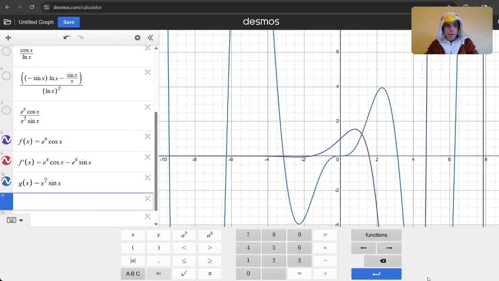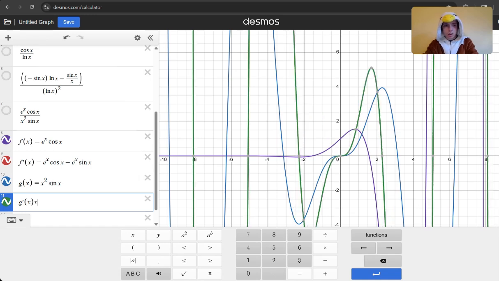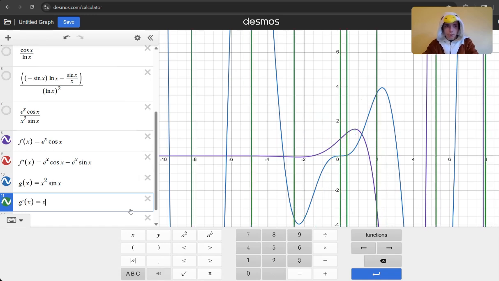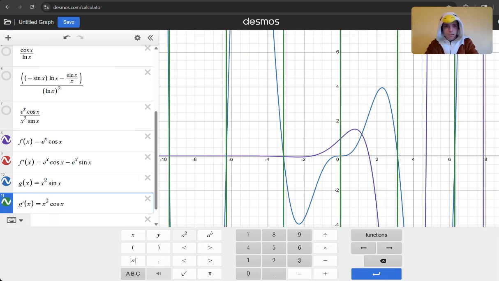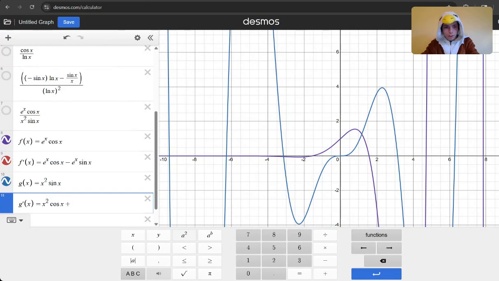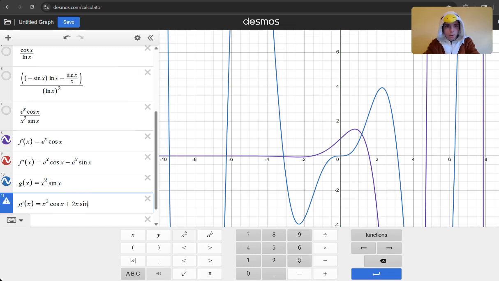And now to find g prime of x, that's going to be x squared times the derivative of sine x, so x squared cosine x, plus sine of x times the derivative of x squared, so plus 2x sine x.